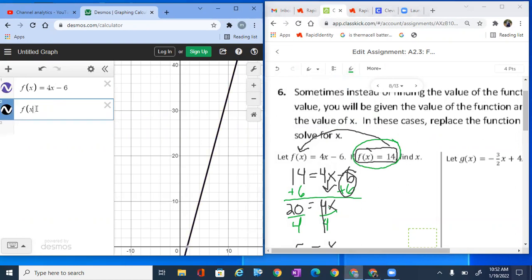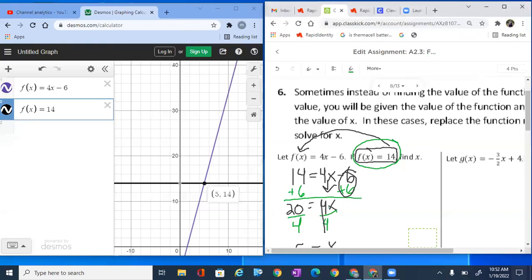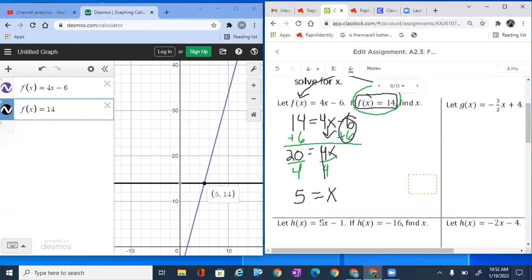And we can verify our work by looking for the intersection. You'll notice that the intersection is 5, 14, which verifies that the x value at the point of intersection is the value of 5 that we found.